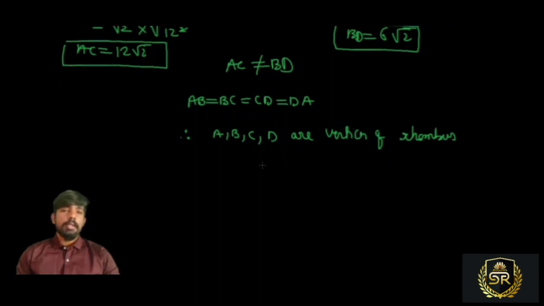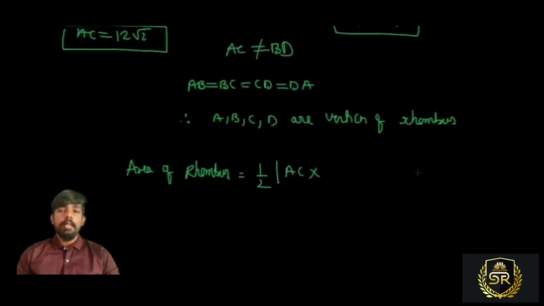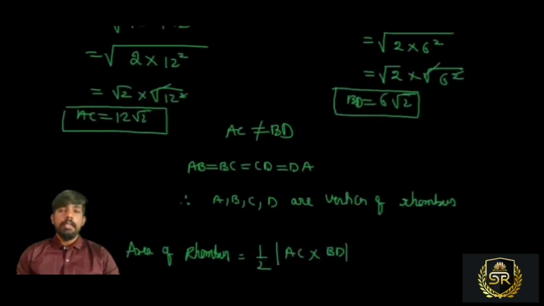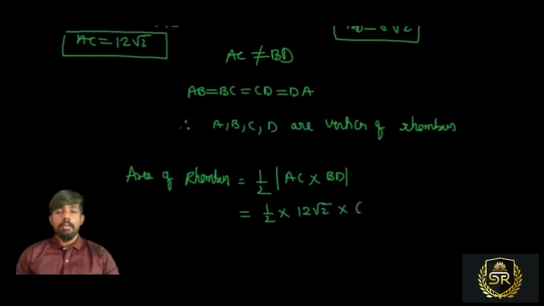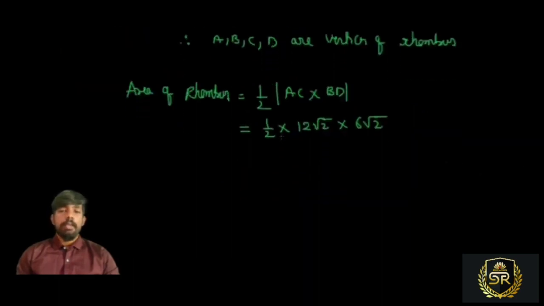Next, the area of the rhombus formula: area of rhombus is half into modulus of diagonal AC into diagonal BD. So half into AC, the diagonal is 12 root 2, into BD diagonal is 6 into root 2 here. 2 6s are 12, so 6 6s are 36, into root 2 whole square.